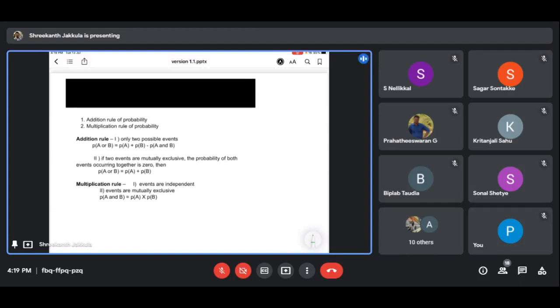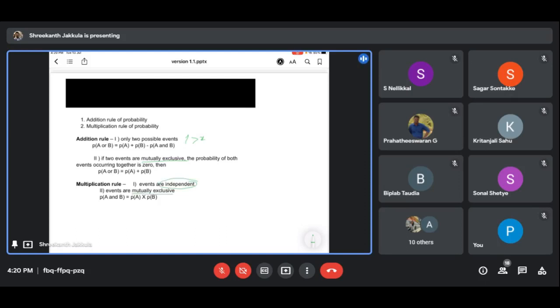These are the two indispensable rules for determining probability. The addition rule is concerned with two or more than two possible events, and if the events are mutually exclusive, then we can use the addition rule. But in the multiplication rule, there are two conditions: the events should be independent and also mutually exclusive.